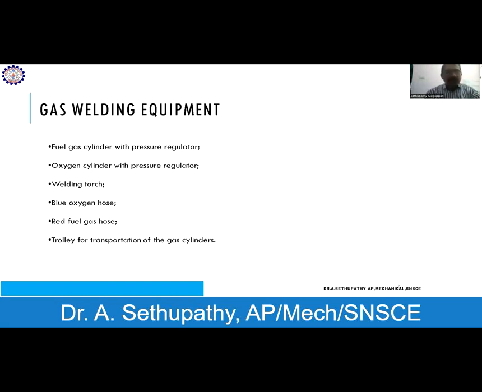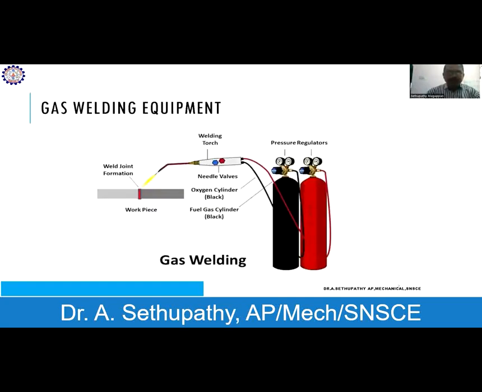Then the welding torch, the blue oxygen hose connected with the oxygen cylinder, and the red fuel gas hose connected from the fuel gas cylinder. Then a trolley for transportation of the gas cylinders, so we can move the cylinders near the work area.